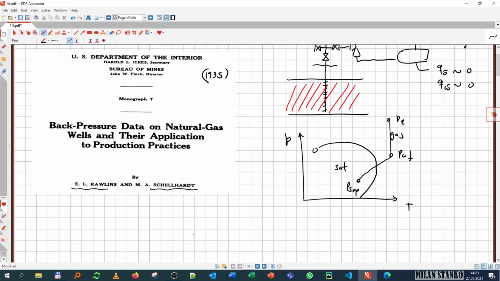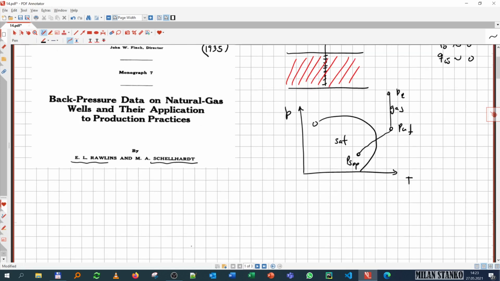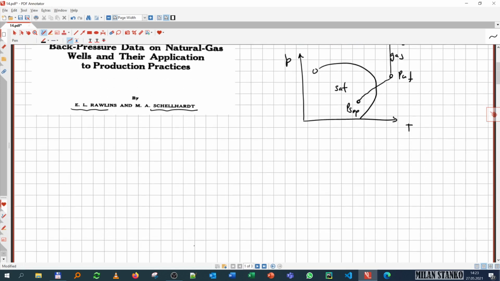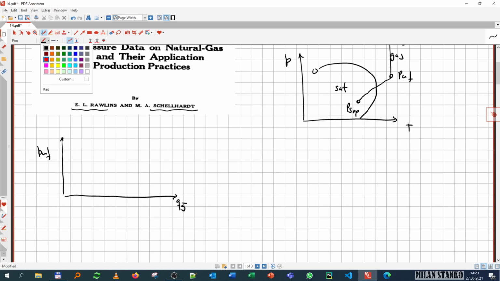So let's see a bit what they found. First they found that the IPR is curved, like we discussed before, PWF versus QG. This gives you a curved line like that, not a straight line like in the case of oil.